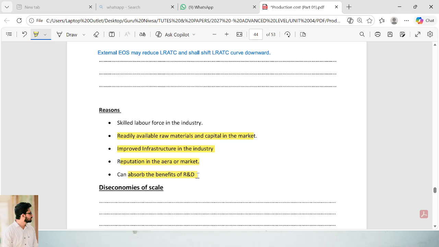But in Sri Lanka we don't have that, nor the money to invest such a big amount on research and development.